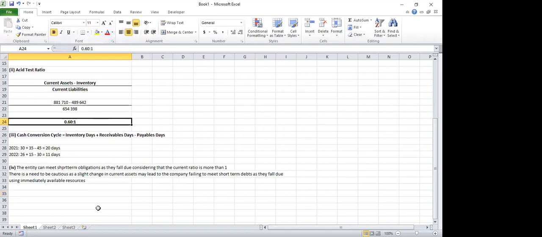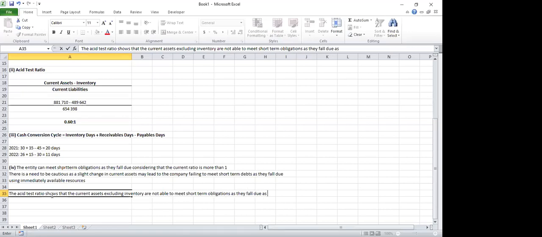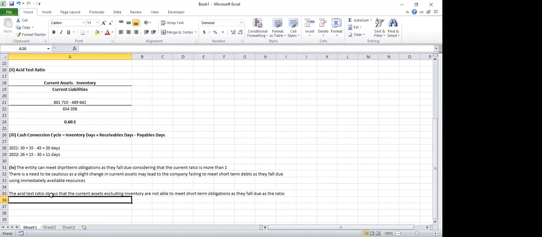Then the acid test ratio shows that the current assets excluding inventory are not able to meet short-term obligations as they fall due, because the ratio is below 1.